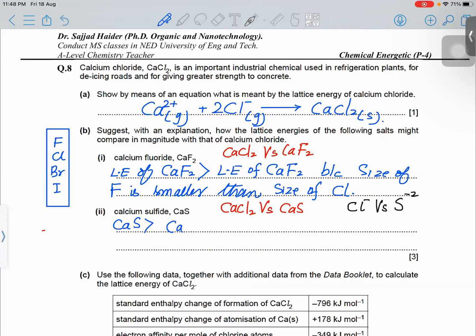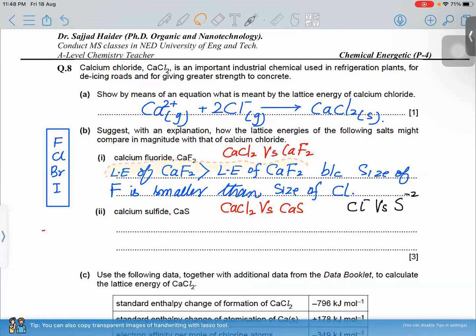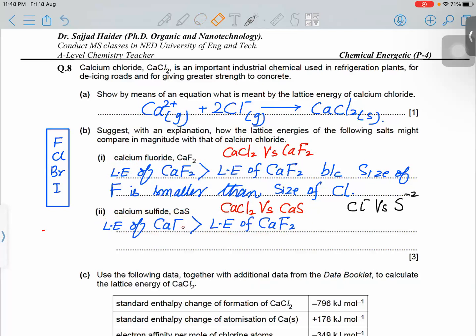The lattice energy of calcium sulfide is greater than that of calcium chloride because S2- has more charge, -2, than Cl-, -1.